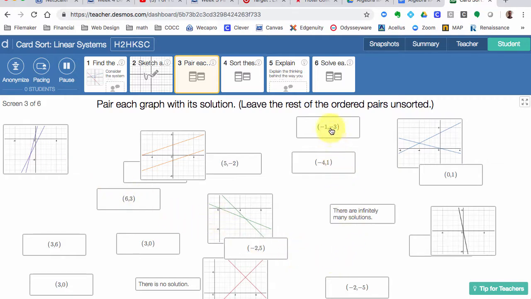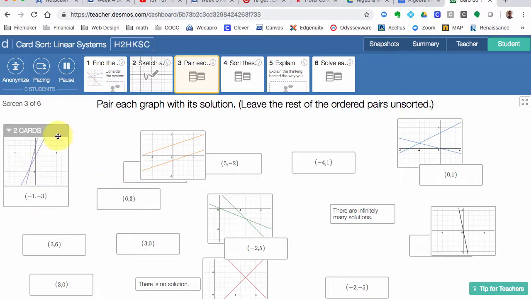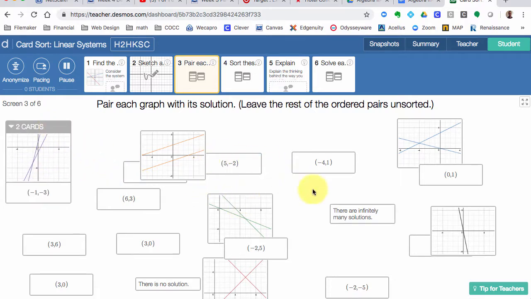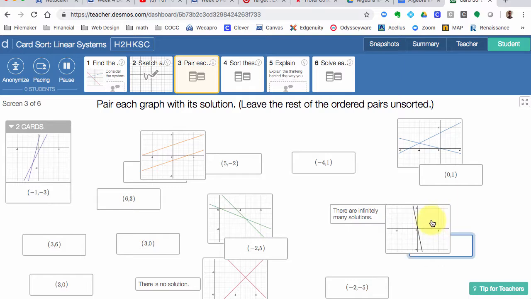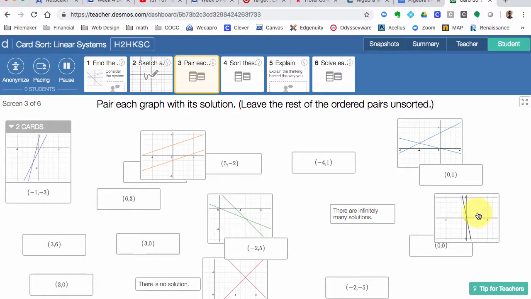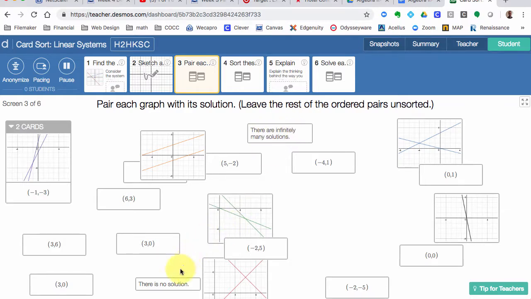So I'm going to find that point and put it right on top and match it up just like that. So you'll want to go through and match up anything that matches up. And there's also a couple infinite solutions, no solutions. So think about points and where they intersect, and just understanding that a solution is where two points intersect.